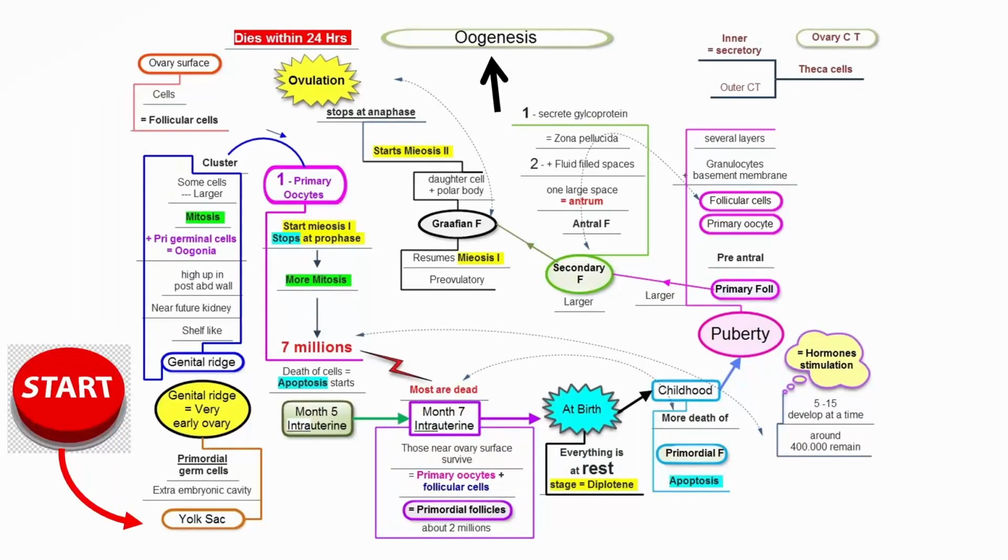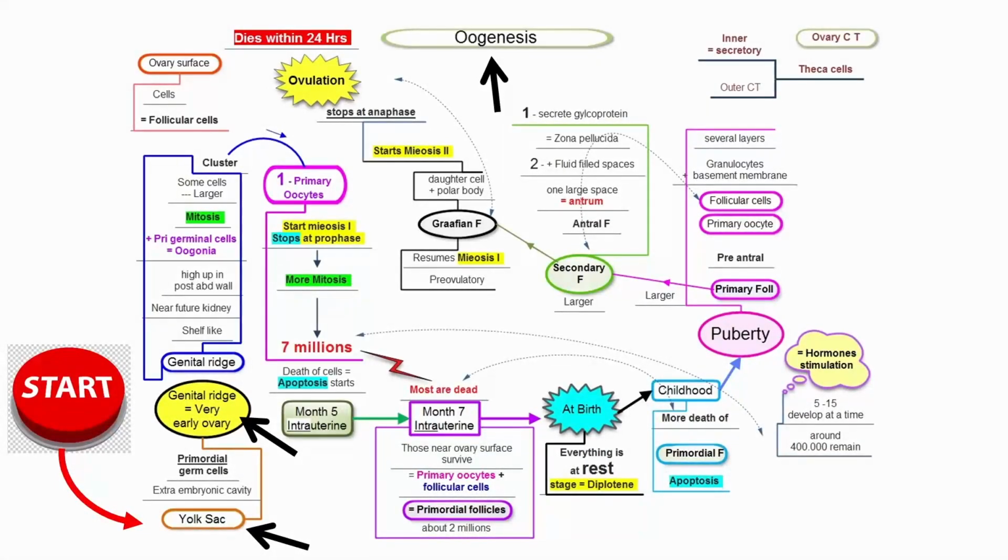That is integration. What do we know about the yolk sac? It is an extra-embryonic cavity inferior to the embryonic disc, which is the future human being, and in the yolk sac there is production of primordial germ cells.